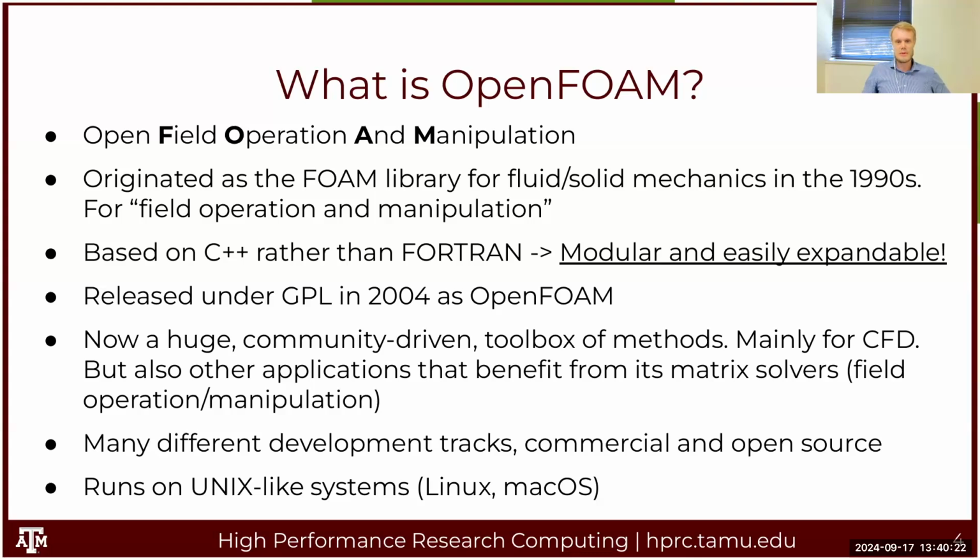Since then, that was 20 years ago, it's grown to a huge community-driven toolbox of methods. The field operation and manipulation is still the core of it, but it's expanded with a lot more tools and numerical models. It's used mainly for CFD, but you can also use it for other things that benefit from the linear matrix solvers.